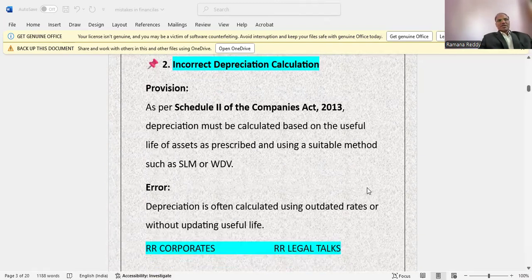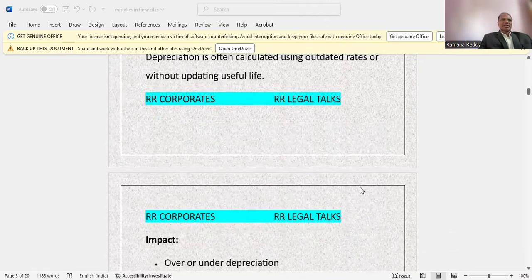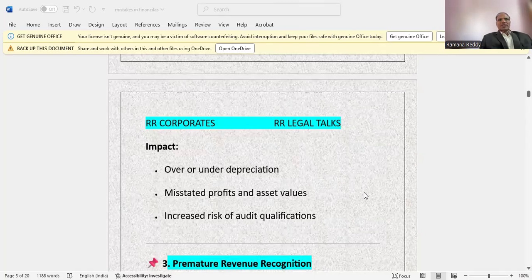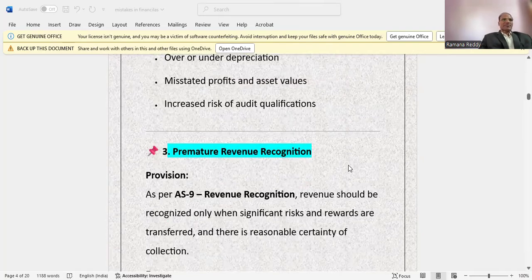But the error we observe is that depreciation is often calculated using outdated rates or without updating useful life. This is what we generally see in many cases. The impact is over and under depreciation, misstated profits and asset values, and increased risk of audit qualifications. These are all the impacts of these errors.